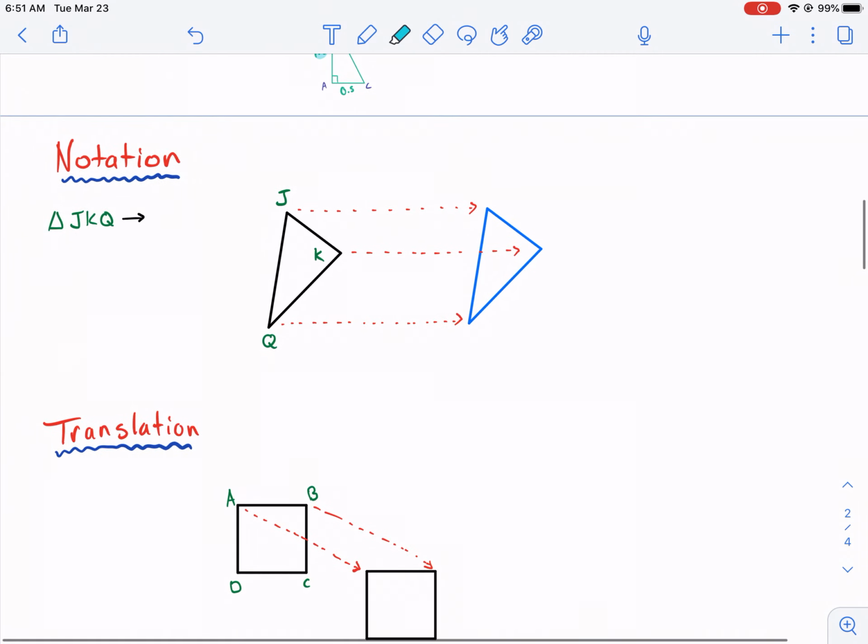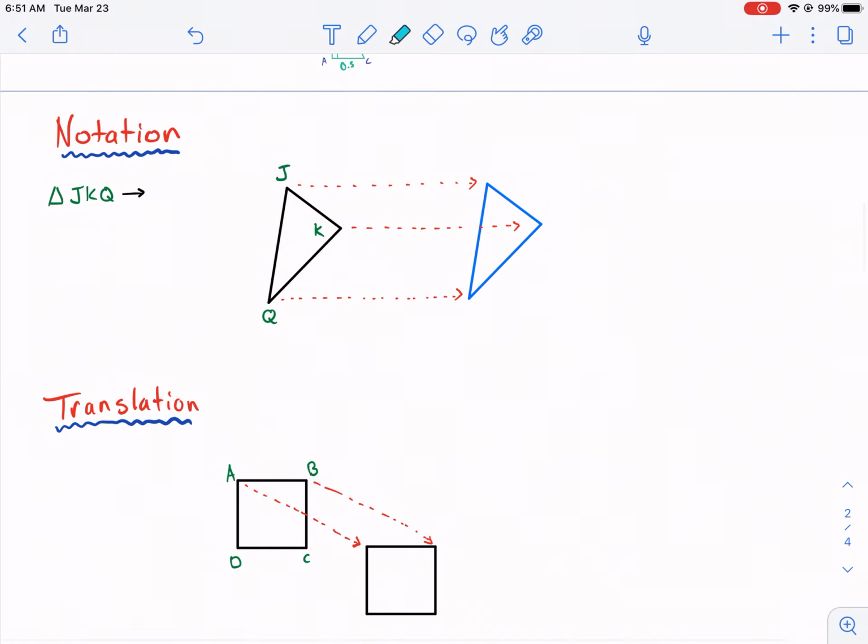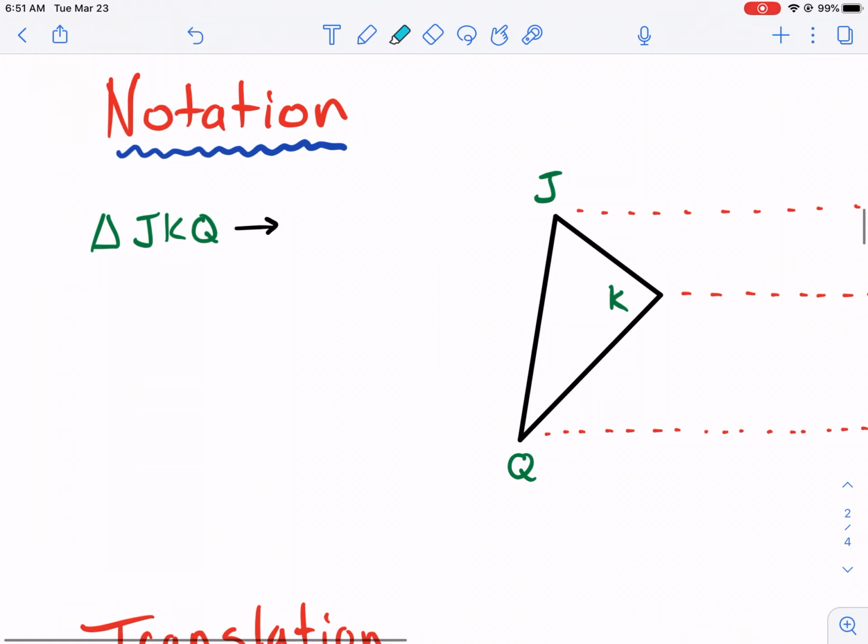Now let's talk about notation. How do we recognize notation when we label these things? Well, if we're going through a transformation, this is the pre-image on the right side. Then this would be the image over here on the other side of the arrow.